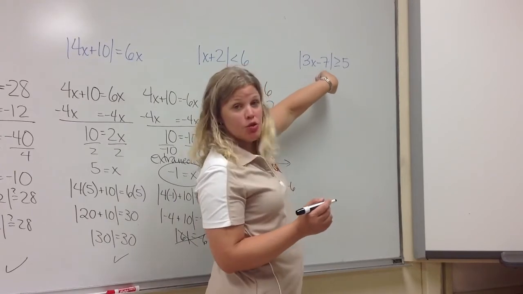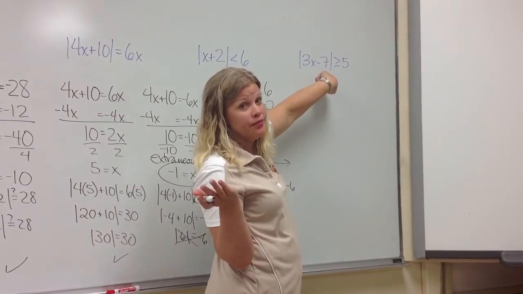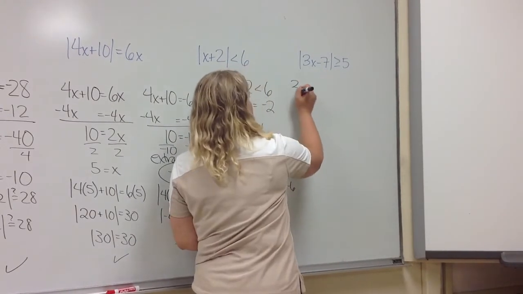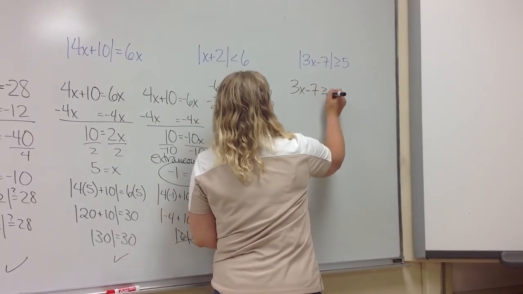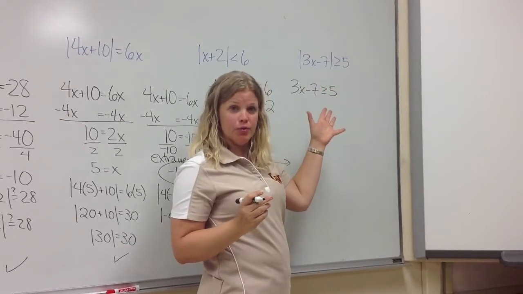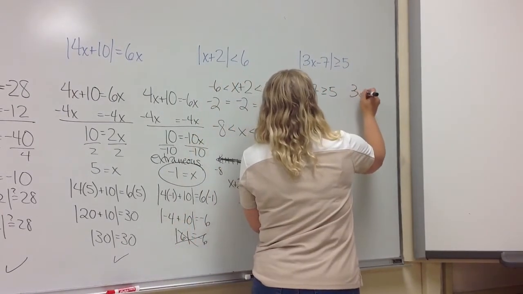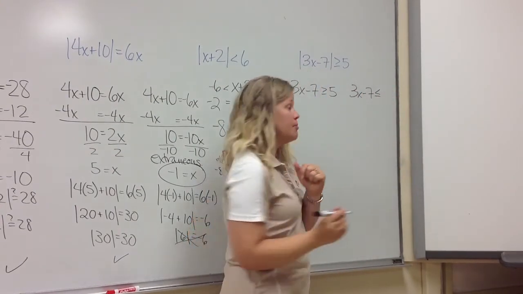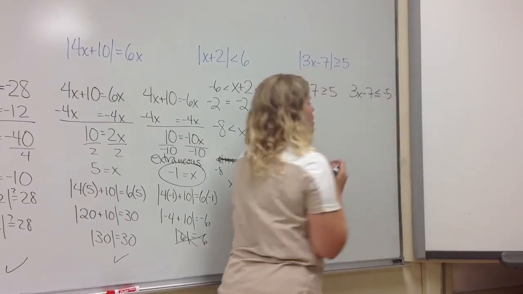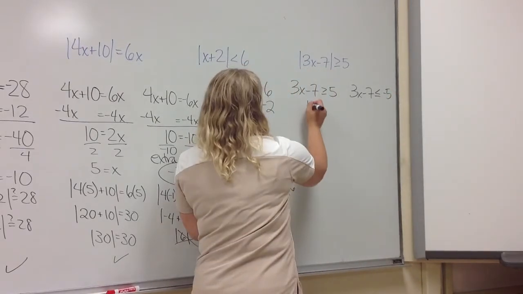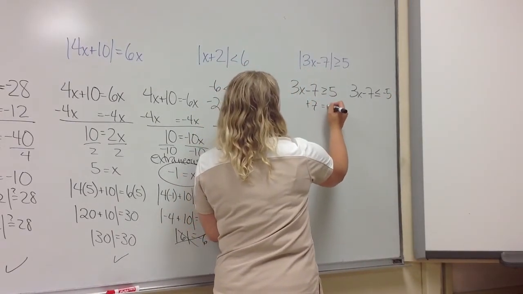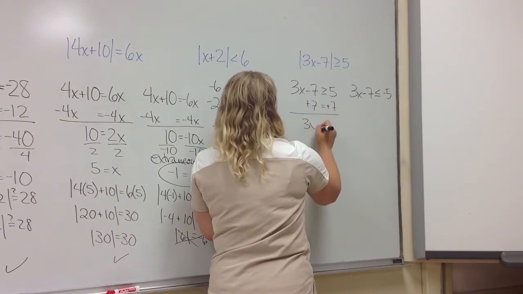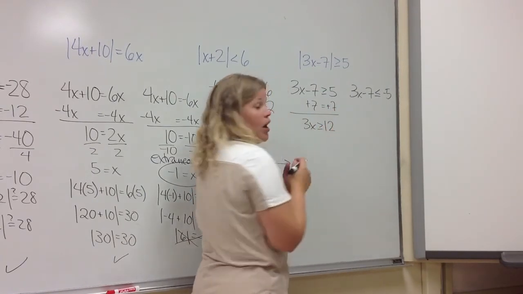Here we are. This is a greater than, and greater than requires a little more work. We're going to write the first inequality. It's right there. The second one, remember, double switch: switch the symbol, and switch the sign. We're going to add 7 to both sides, and you get 3x is greater than or equal to 12.